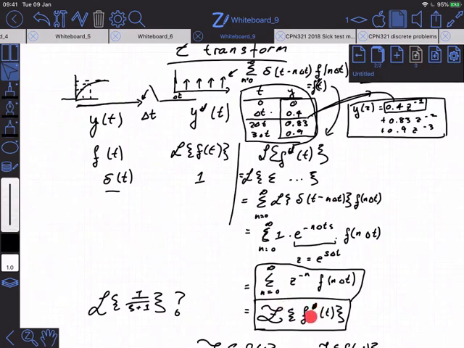Take the original F, evaluate the original F at the sampling points, and then multiply each one of those coefficients by an appropriately delayed exponential, which by the time we've done the substitution looks like an appropriately powered Z.